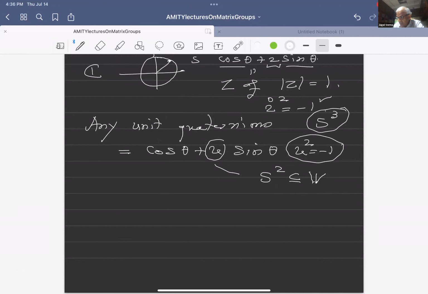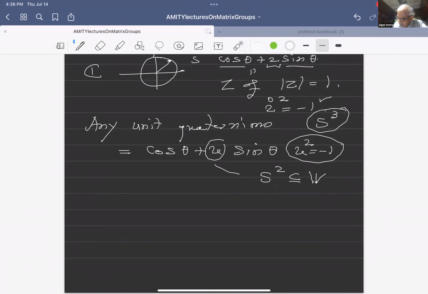These are quaternions corresponding to points on S3, and they are also representations of matrices in SU2. If I give you a quaternion, you can construct a unique matrix in SU2 and vice versa. Now let us show that the imaginary quaternions do not form a ring; they just form a vector space.